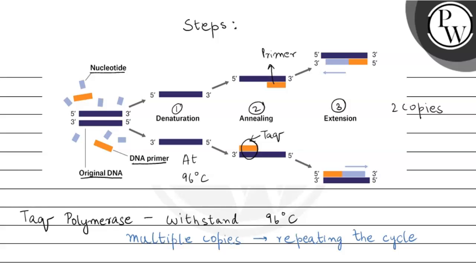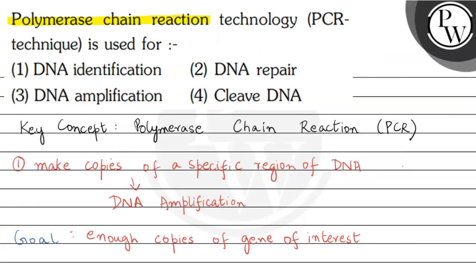Now, if we come back to our question, then the first option says that polymerase chain reaction is utilized for DNA identification. So this is the wrong statement because PCR is not utilized for DNA identification. The second option says DNA repair.